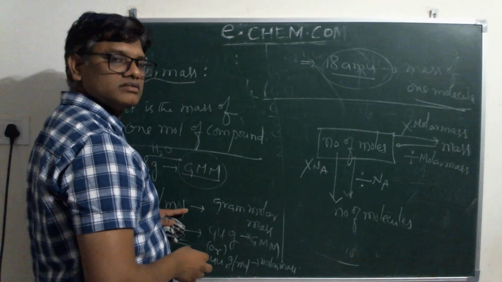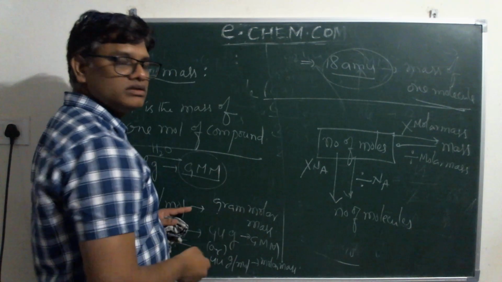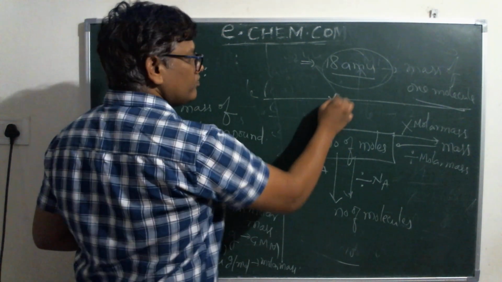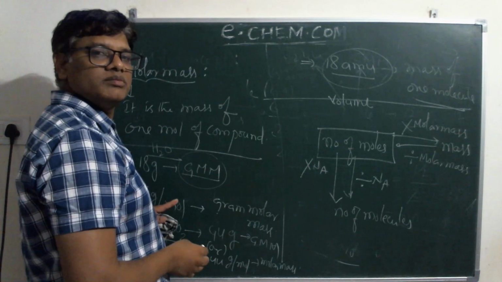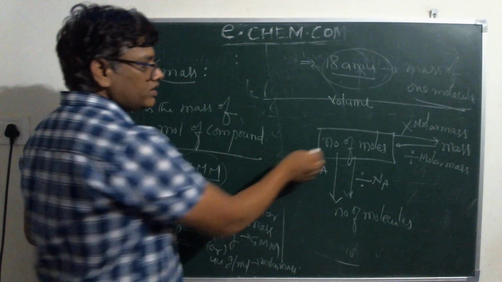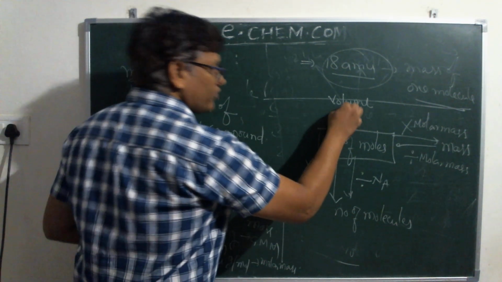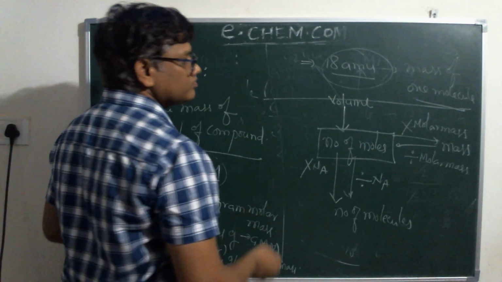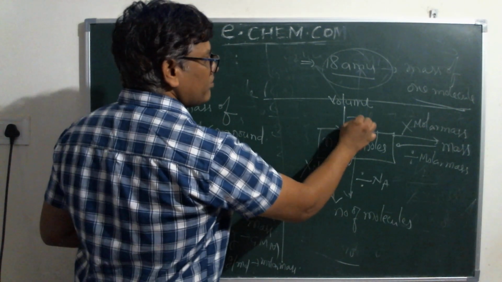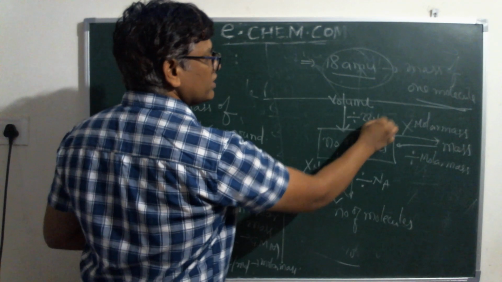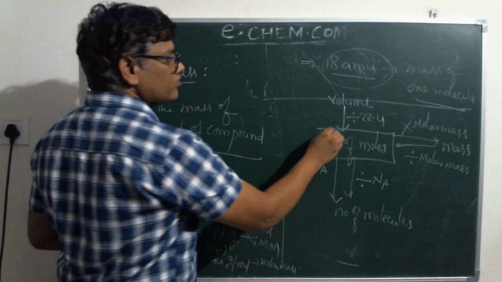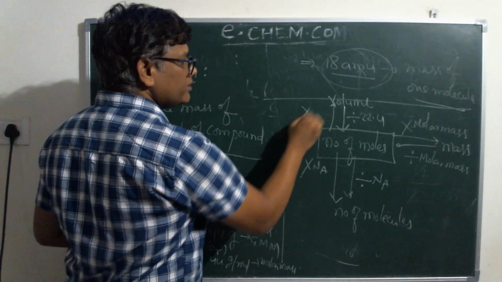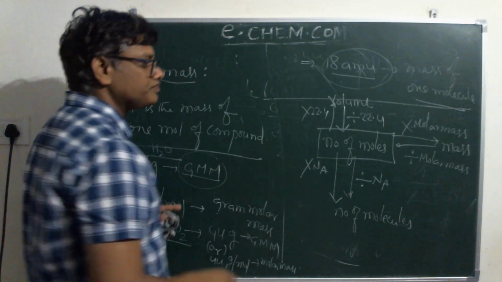Likewise, we can transform one to one. Knowing the volume of any gas composition at STP, if you want to calculate the number of moles, then you can transform volume into moles by dividing by 22.4 liters. Or if you know moles and want to calculate volume, then you have to multiply by 22.4.